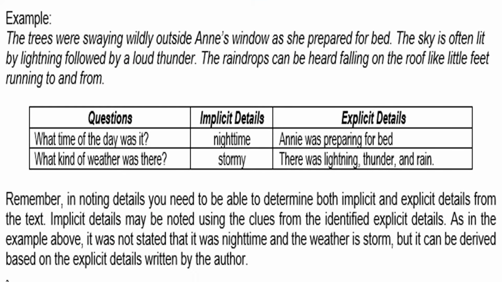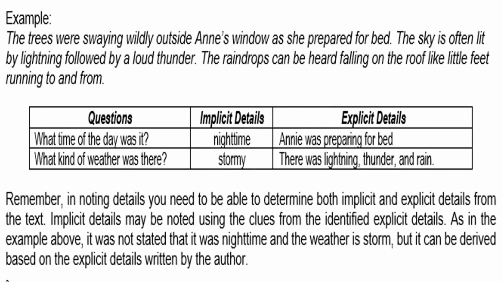Example: The trees were swaying wildly outside Anne's window as she prepared for bed. The sky is often lit by lightning followed by a loud thunder. The raindrops can be heard falling on the roof, like little feet running to and fro. Okay, so the question is, what time of the day was it?